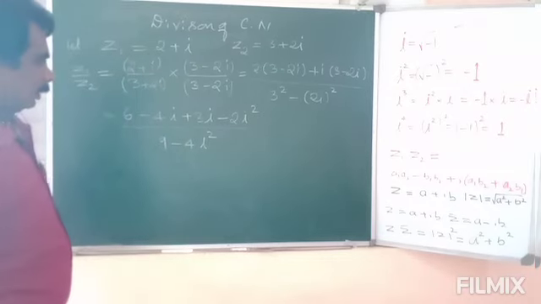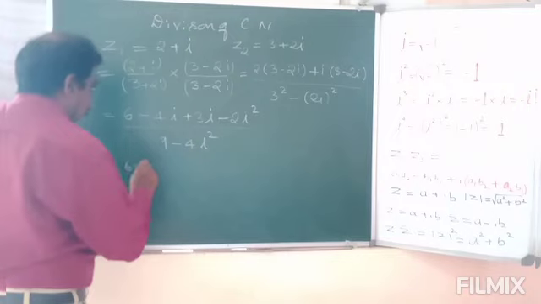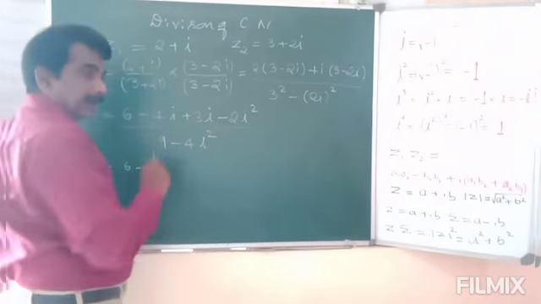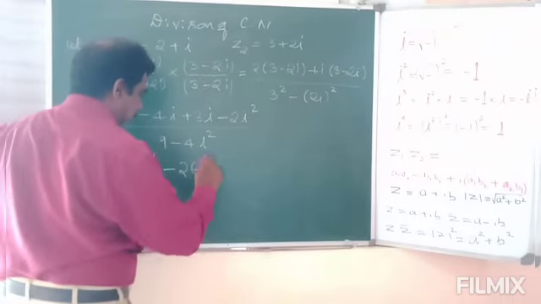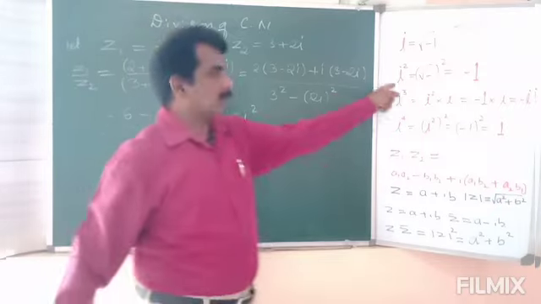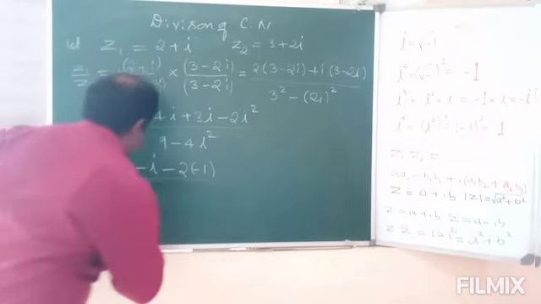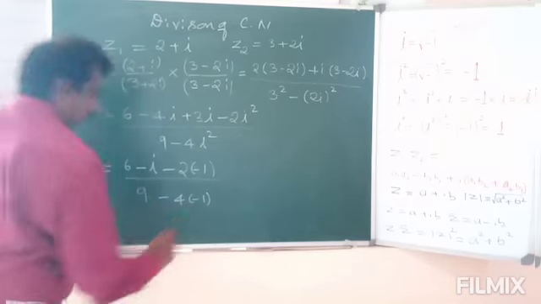Understand? Now 6 minus 4i plus 3i is minus i, minus 2i square is minus 1. I square is what? Minus 1. Divided by 9 minus 4 into i square is minus 1.